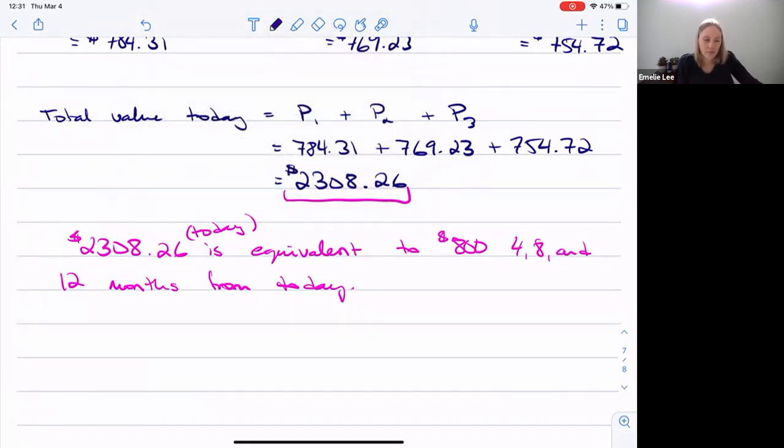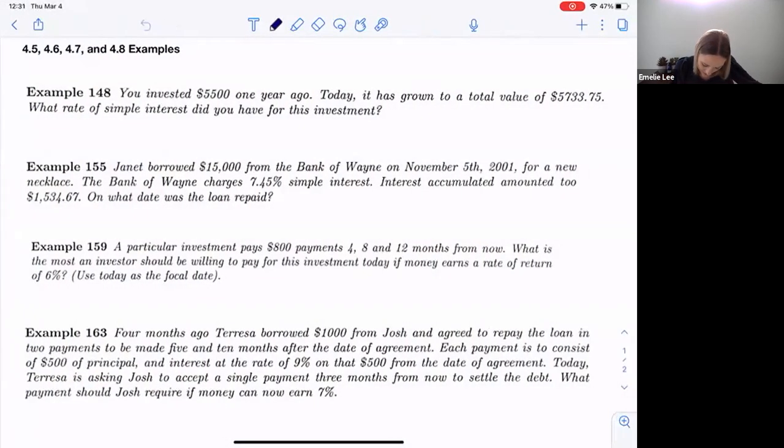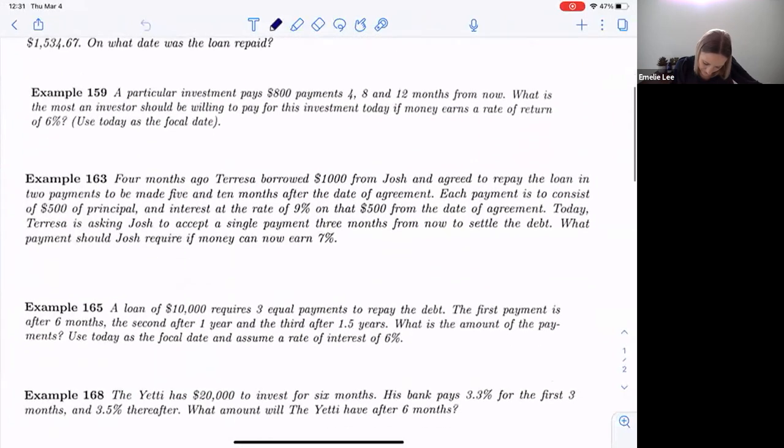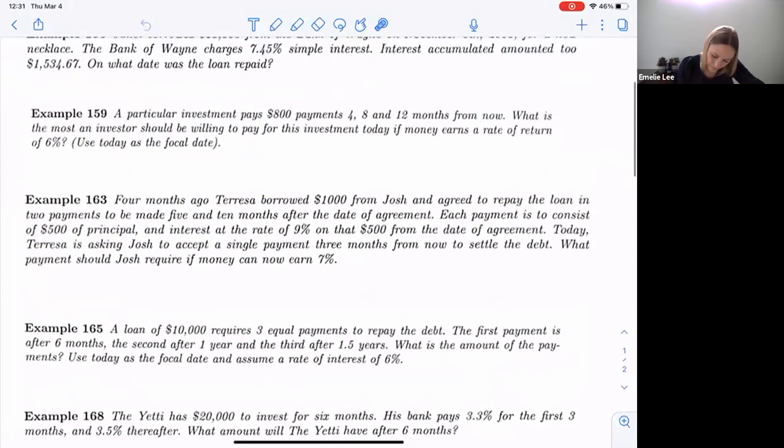Let's do another example. I think I have another example here. So let's do example 163.